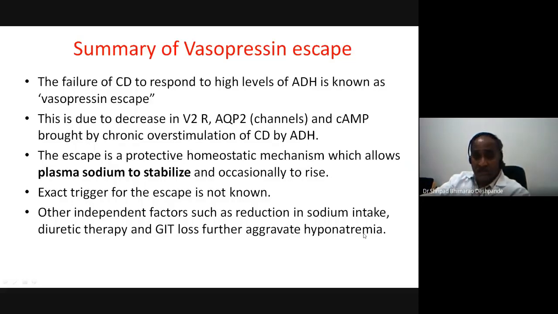And if it aggravates the hyponatremic status, the vasopressin escape sets in, or it may produce severe abnormalities, and the condition may worsen. These are the points one has to consider.